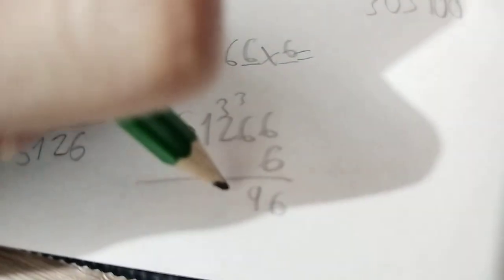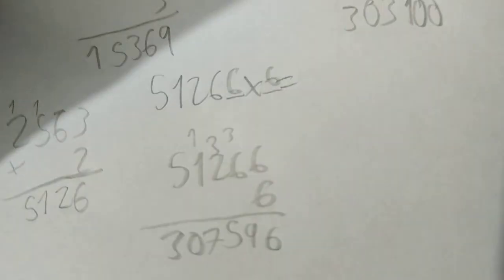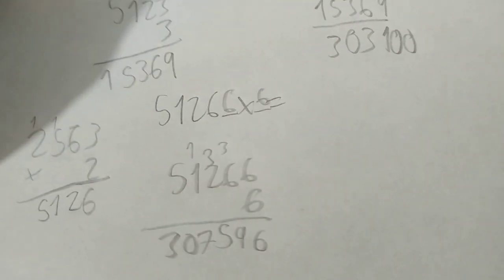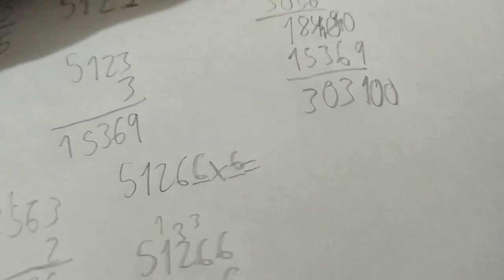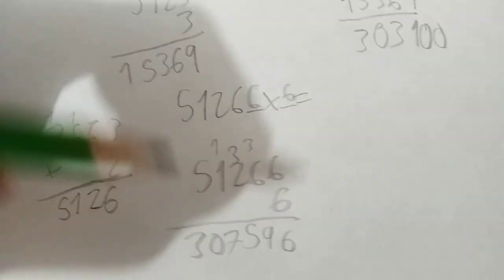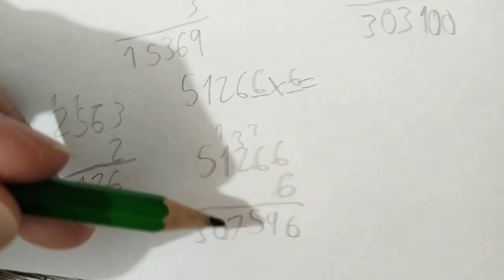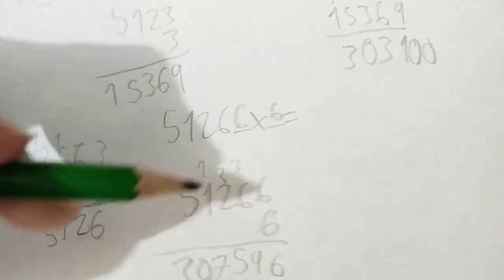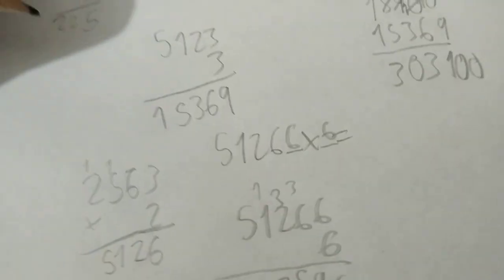51266 times 6. Here, 36, 39, 612, 6, and 30. Whoops! I think we went a little too far. So what we're gonna do is decrease the value by 1, because I think we have a little bit of an offset here.